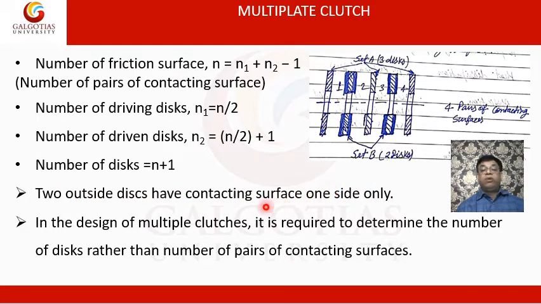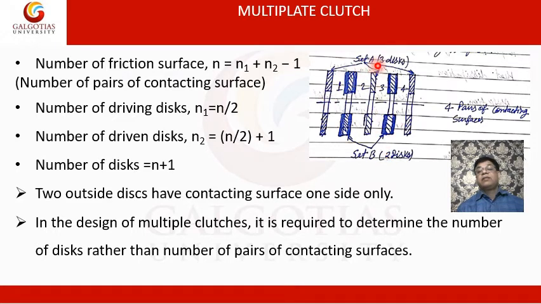This you have noticed in the previous slide. Now you understand this handwritten figure. It is the same as the construction, a line diagram of the multi-plate clutch. This multi-plate clutch consists of set A and set B.